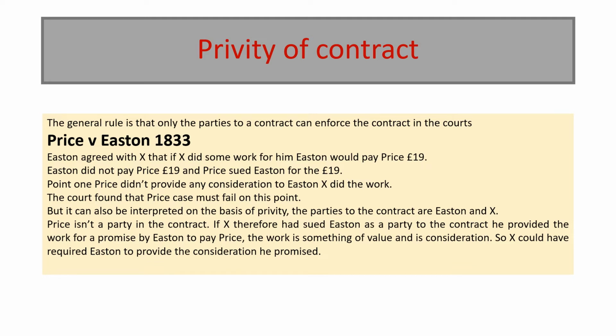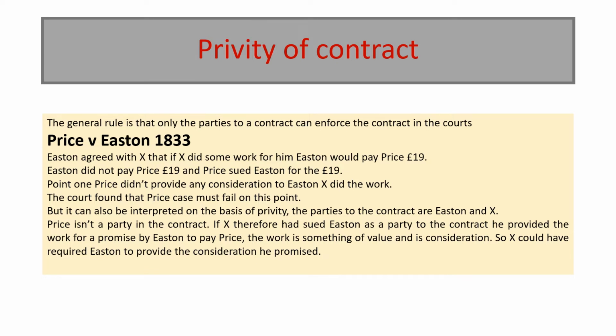The problem arose with the contract when Easton did not pay Price £19, and Price then sued Easton for the £19 he was owed, or she was owed. Now, what's the problem with that?